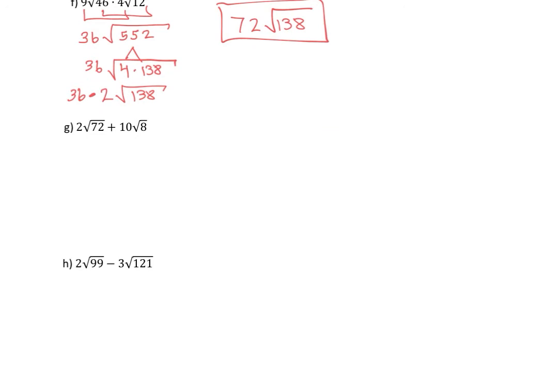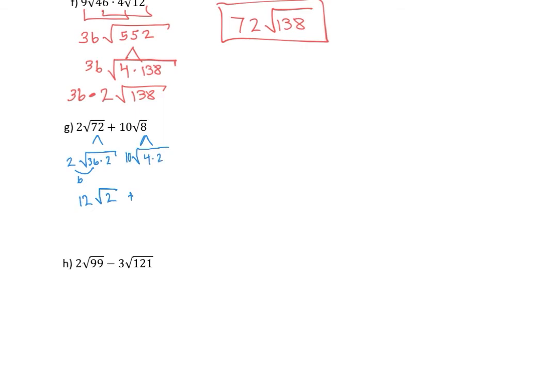Okay, G, I have 2 square root of 72 plus 10 square root of 8. So I need to simplify the square root of 72 and the square root of 8. So 72 is 36 times 2. The square root of 36 is 6. 2 times 6 is 12. 8 is 4 times 2.